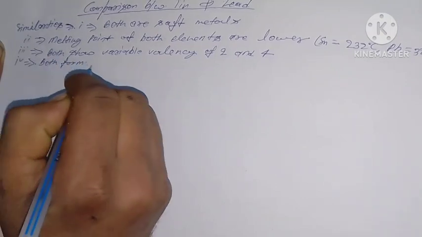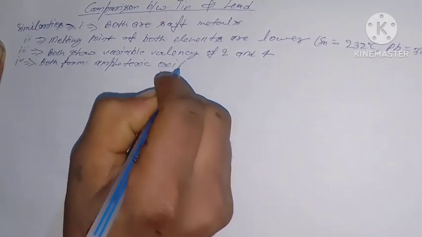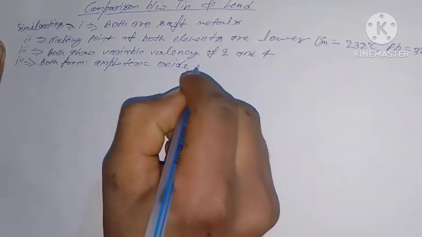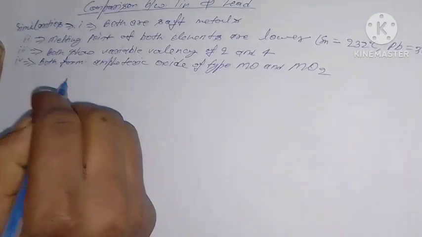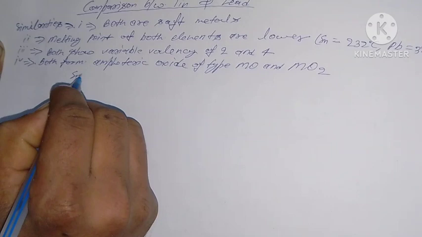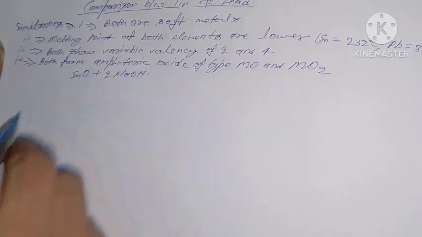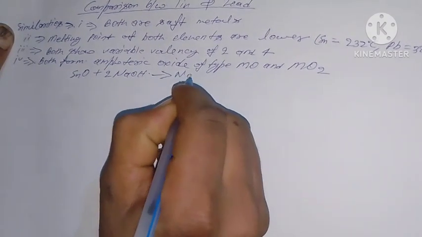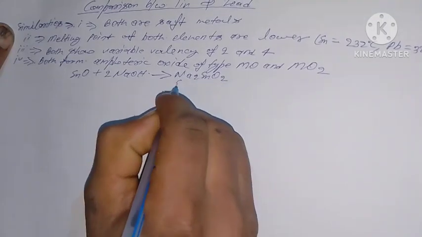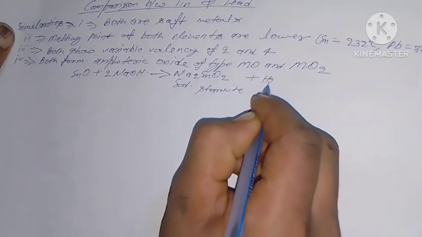For example, if stannous monoxide SnO is reacted with sodium hydroxide, that makes sodium stannite, Na2SnO2, plus water, H2O.